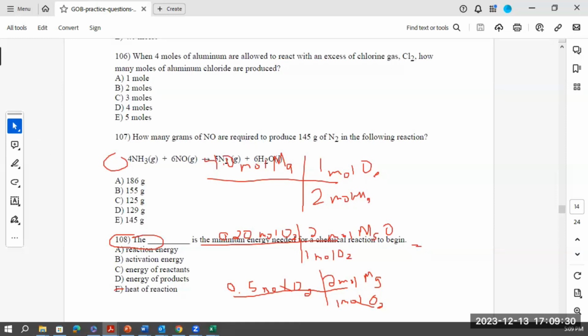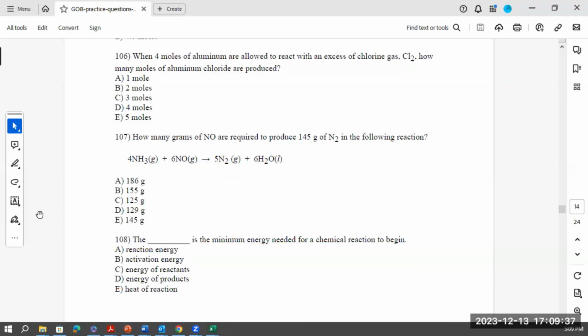Okay. Let's see. When 4 moles of aluminum are allowed to react with excess chlorine gas, how many moles of aluminum chloride are produced?